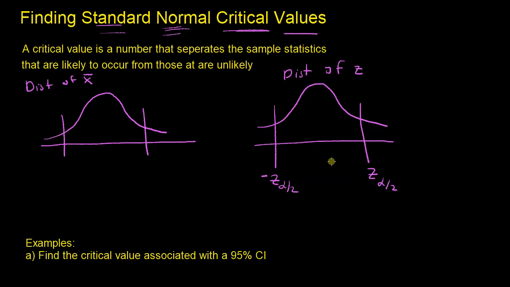What's going on with this notation? Remember, 0 is in the middle, so these are the same number. It's a symmetric distribution with 0 in the middle. Alpha divided by 2 is the area in this tail, and the area in the middle is 1 minus alpha.